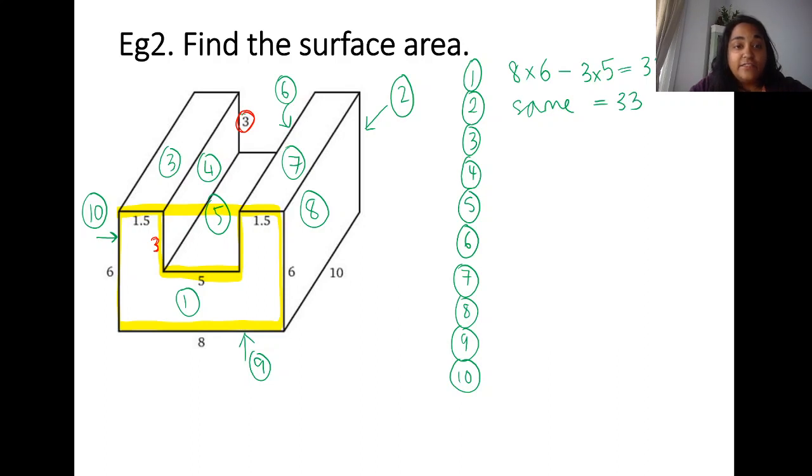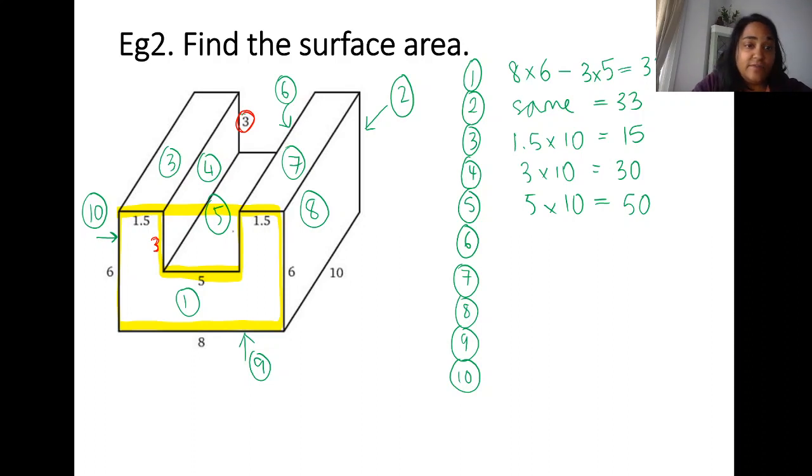Now my third face, so my length of this shape is 10, so that's going to be 1.5 times 10, which is 15. My fourth face is 3 times 10, which is 30. My fifth face is 5 times 10. Actually, once you get started, it's not too bad. It doesn't take too long. My sixth side is going to also be a length of 3 times 10, gives me 30.